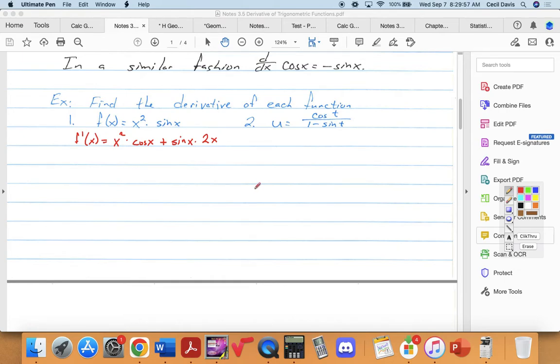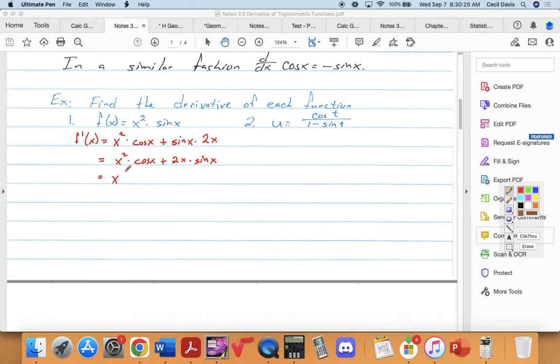You're certainly welcome to leave it like that. I will say on the AP exam, they're probably going to write it with the polynomials in front because they were to start with. Not a big deal. They also may factor them. So the only thing that can be factored out of this is an x.